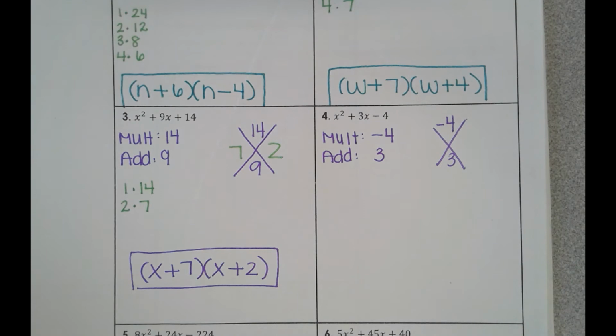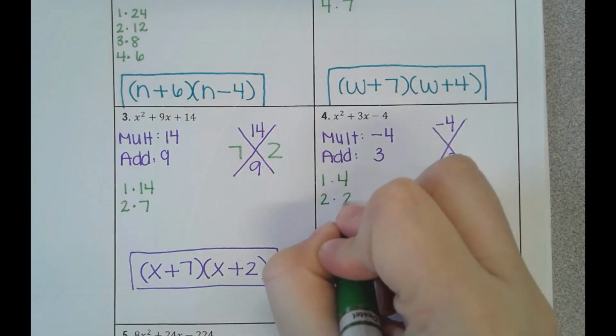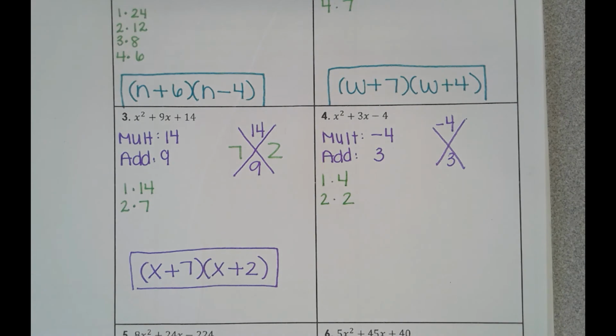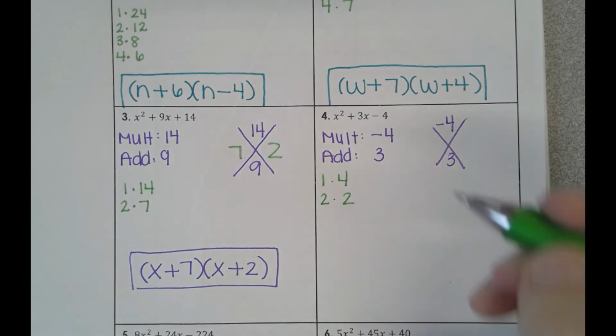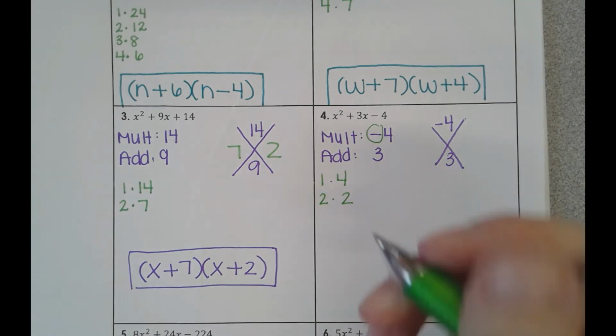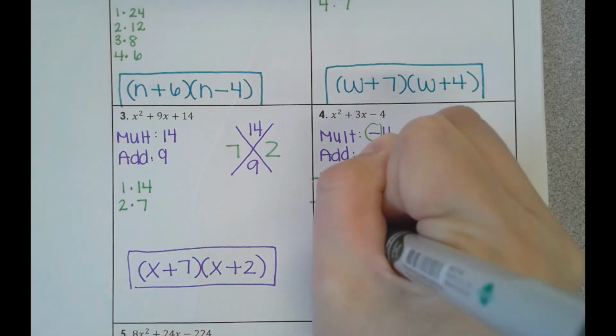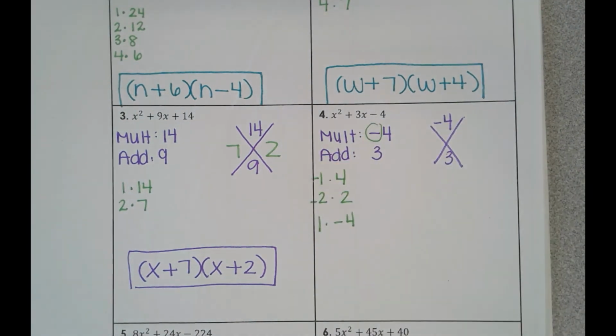Okay, well, let's look at 4. You got 1 and 4, 2 and 2. That's it. But one has to be positive, one has to be negative, because this is a negative number. So you could have 1 and -4. 2 and -2 would be the same.